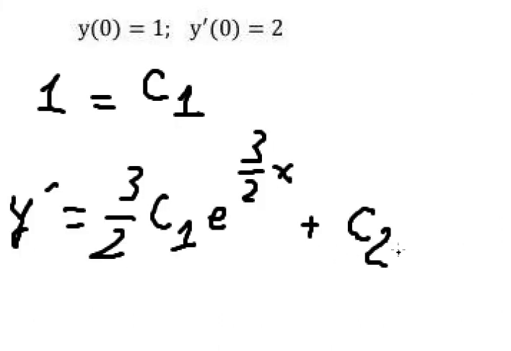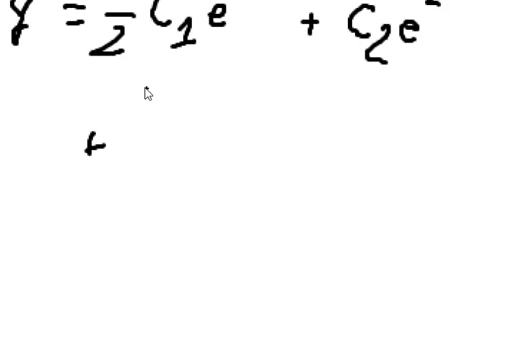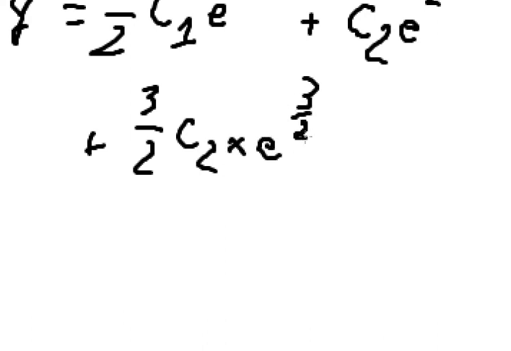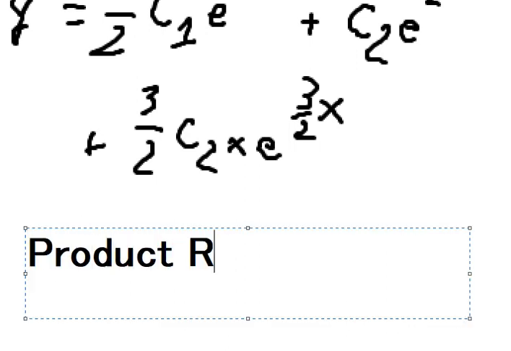So we have c2 e to the power of 3 over 2s. Next, we do the first derivative of this one. We have 3 over 2 c number 2 s e to the power of 3 over 2 s. This is the product rule of the derivative.